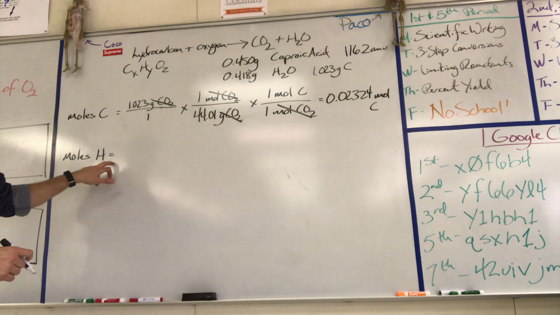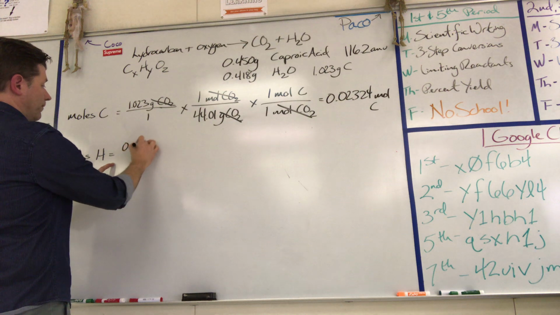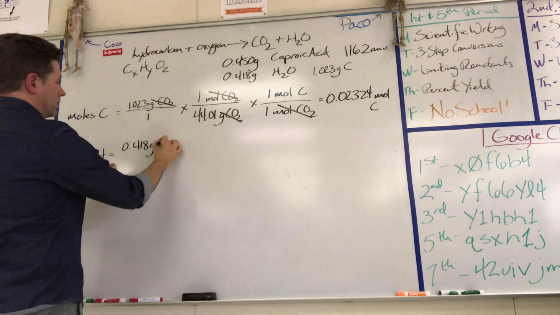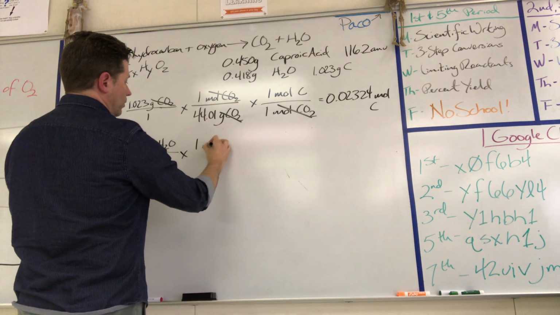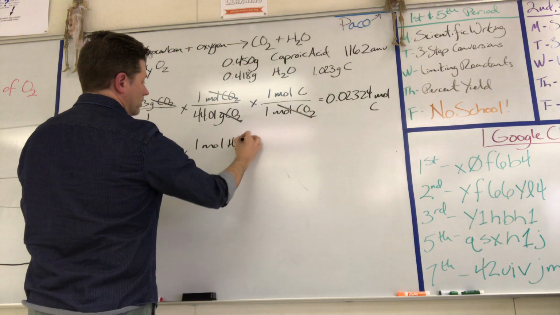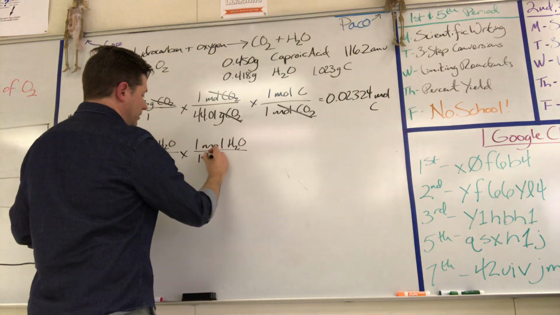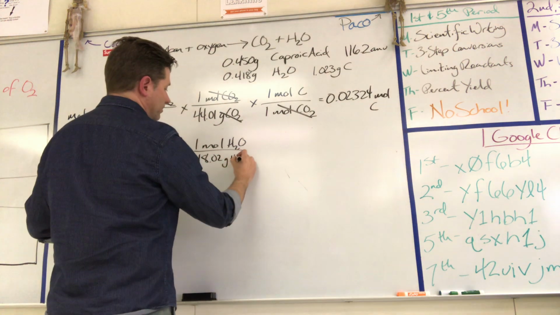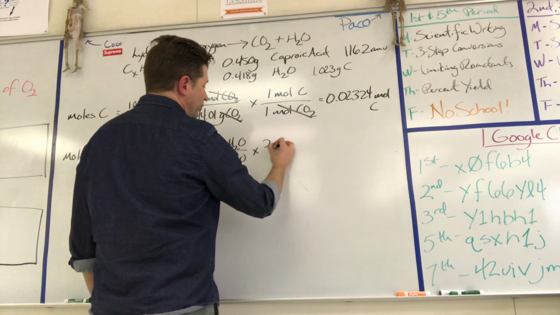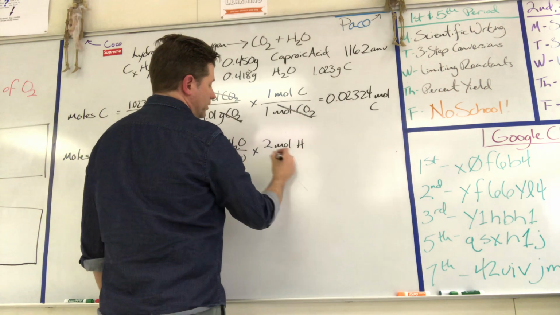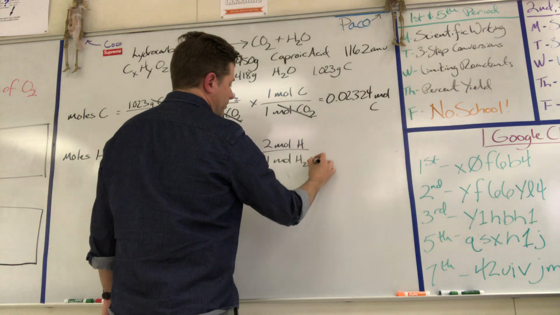Now let's do the same thing with hydrogen. So we have 0.418 grams of H2O, 1 mole of H2O is 18.02 grams. The conversion factor, so there are 2 moles of hydrogen for every 1 mole of H2O.